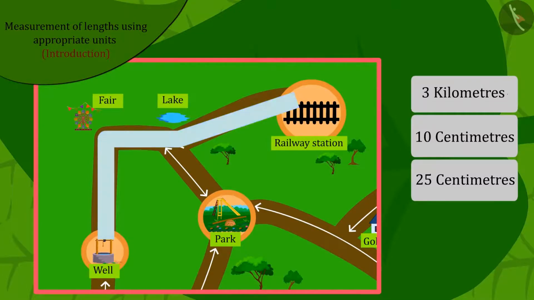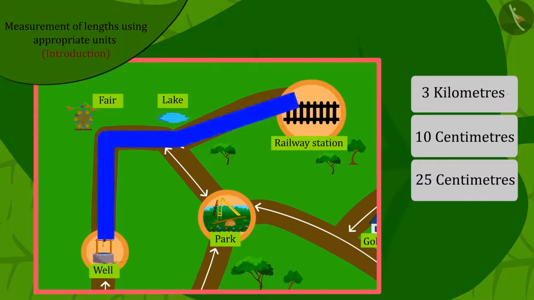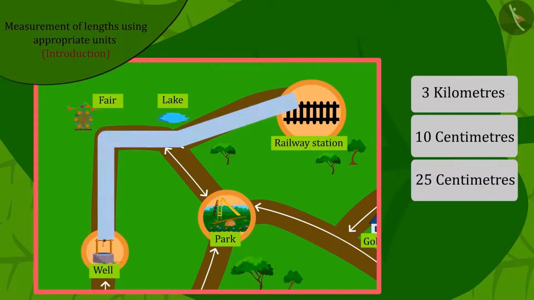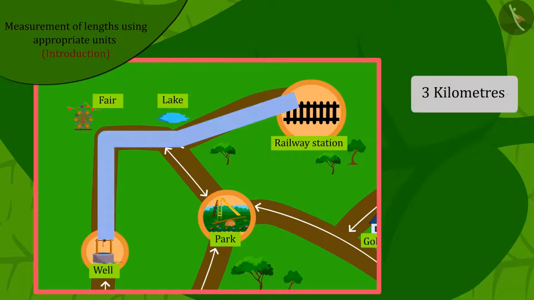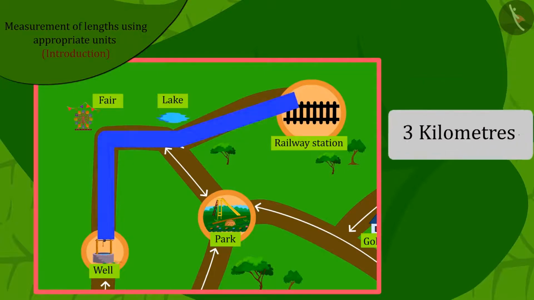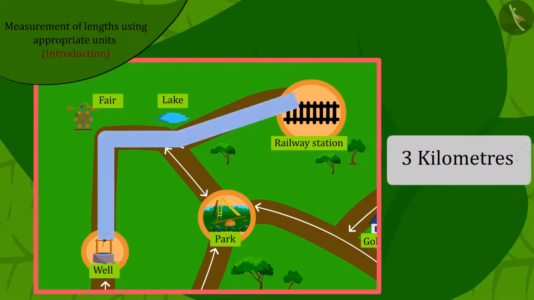Because the distance from the railway station to the well is very long, we cannot measure it in centimeters. Therefore, the distance from the railway station to the well will be 3 kilometers.